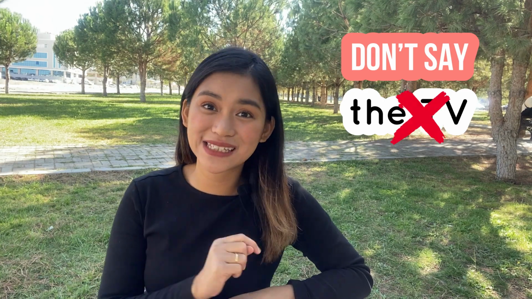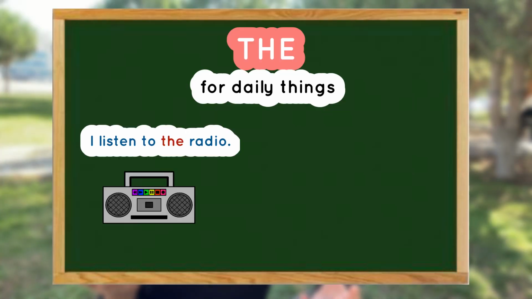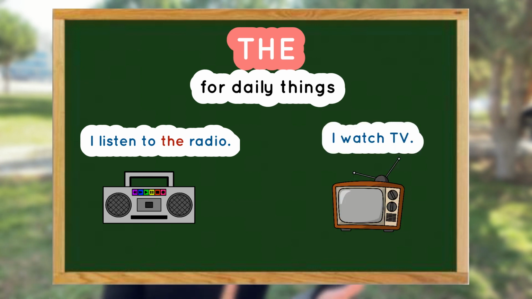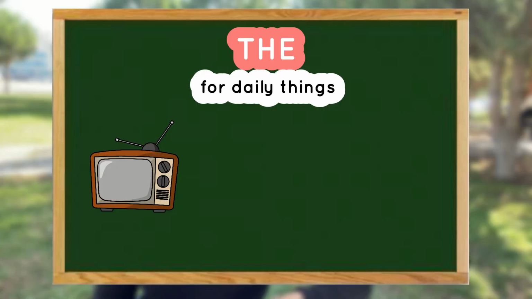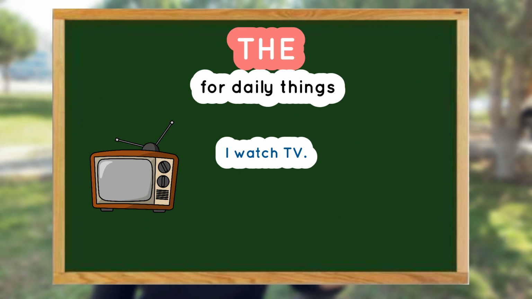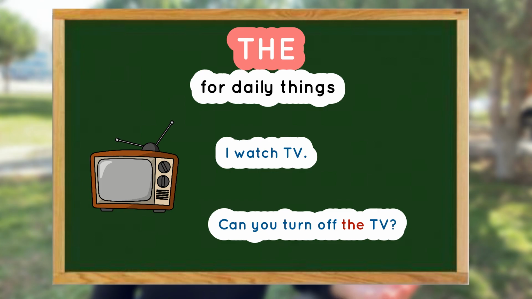But we don't say the TV. Why? We say I listen to the radio, but we say I watch TV. We don't say I watch the TV. But you may ask this in the comment section, so I will bring it up to you. If you say I watch TV, and another one is, can you turn off the TV?